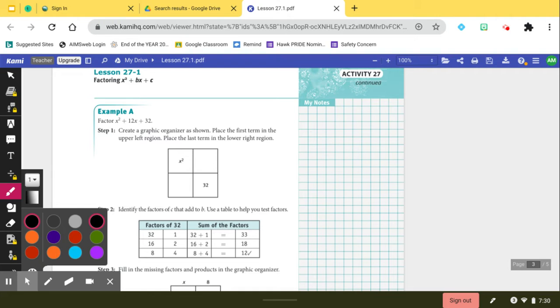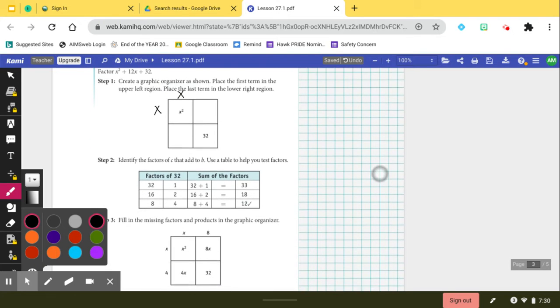So one way we can do this is we can use kind of like our box method, just in reverse. So we know that the first term of my trinomial is the result of x times x, so x squared. So we know that for our binomial, we're going to have x and x. And then we know that the last term of our trinomial is the result of the two last terms of our binomial being multiplied together.